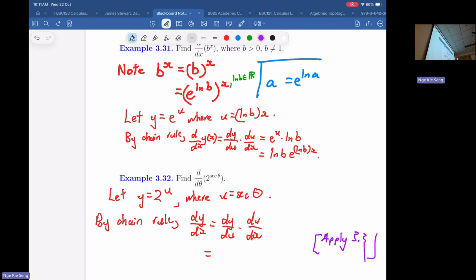Can you try what the answer is if you apply 3.31? Anyone want to try here? Okay, I'll try. If I differentiate with respect to x of 2 to the u, we want to apply 3.31 here. So what do we get?